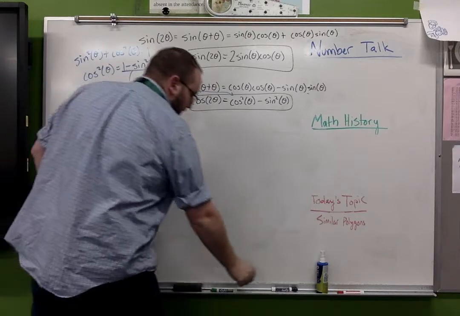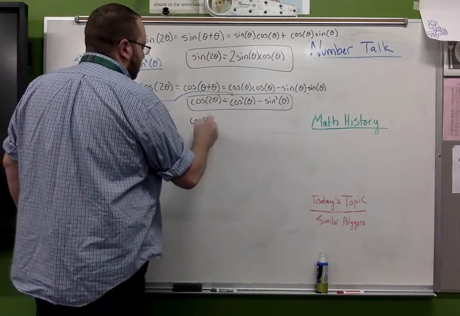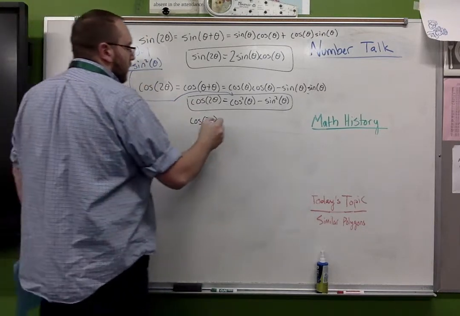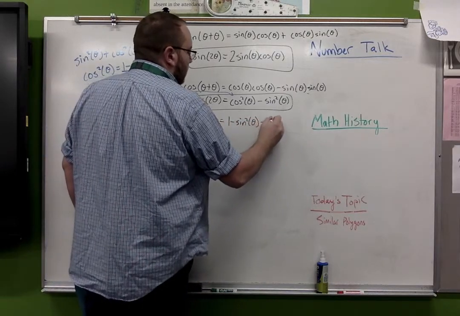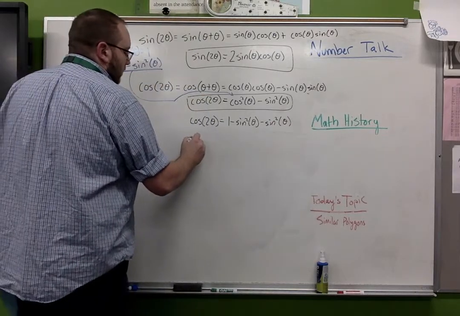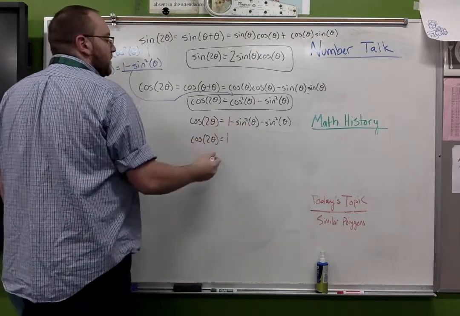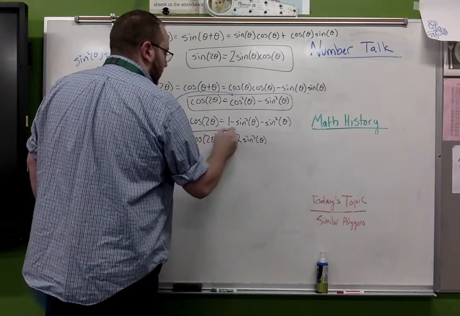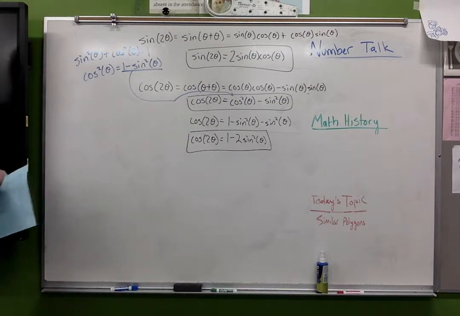So then we have that cosine 2 theta is equal to, instead of cosine squared, I'm going to plug in 1 minus sine squared theta, minus sine squared theta. So cosine of 2 theta is equal to 1 minus 2 sine squared theta. That's another form of cosine double angle.